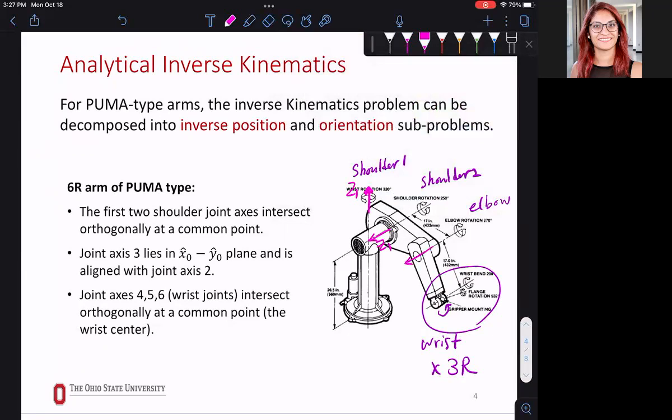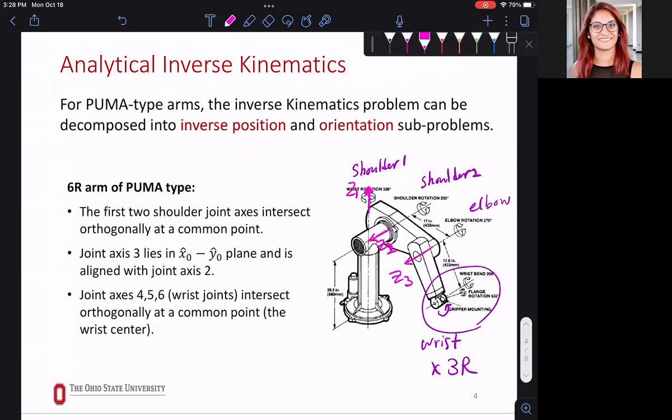And this is z2, z3. These two are rotating the same direction, so their z-axes are parallel. The z-axis of the shoulder is pointing upwards. The base is rotating this way, and then the arms, kind of like the human body, but instead of 3 joints for your shoulder, you only have 2 and 1 elbow.